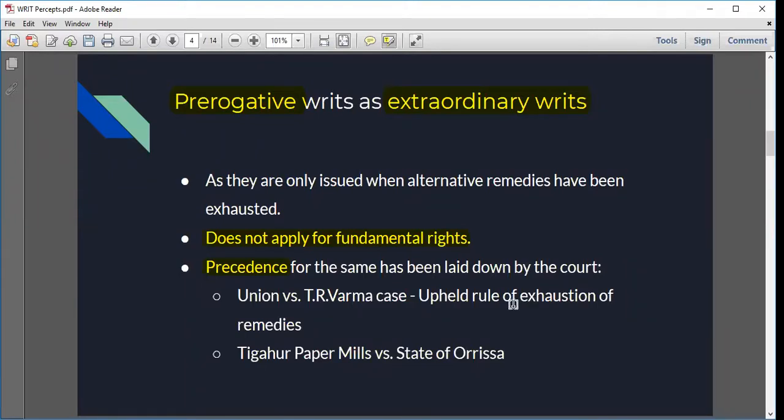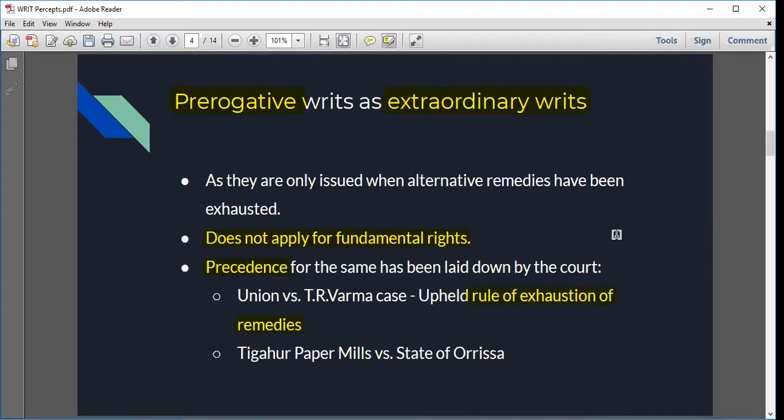These rules are known as the rules of exhaustion of remedies. It says that when none of the remedies are left to be exercised, only then you are allowed to directly approach the Supreme Court or High Court.